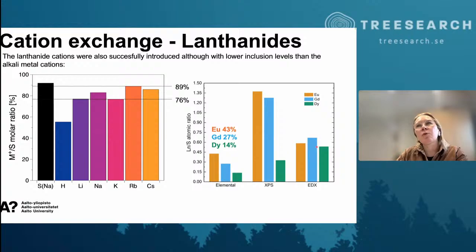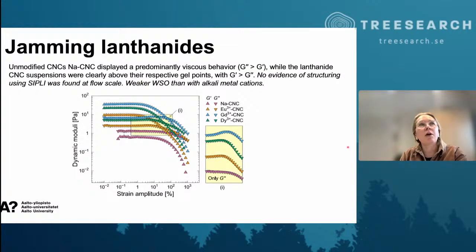Okay, so with this I also share a similar type of presentation of the rheological properties. We could see here the reference of the unmodified, now it was a sodium CNC, but let's say the concentrations were different, a little bit lower than in the study that was done with the alkali metals.